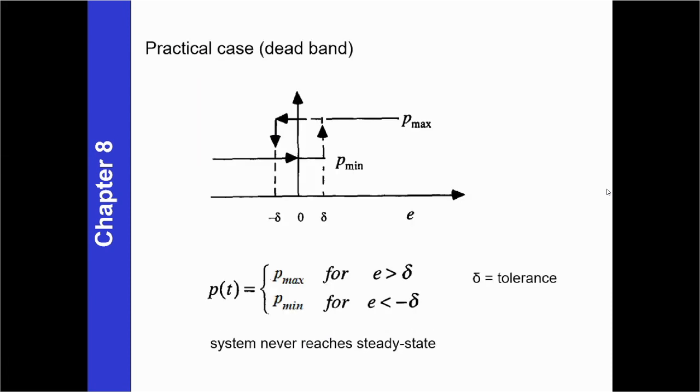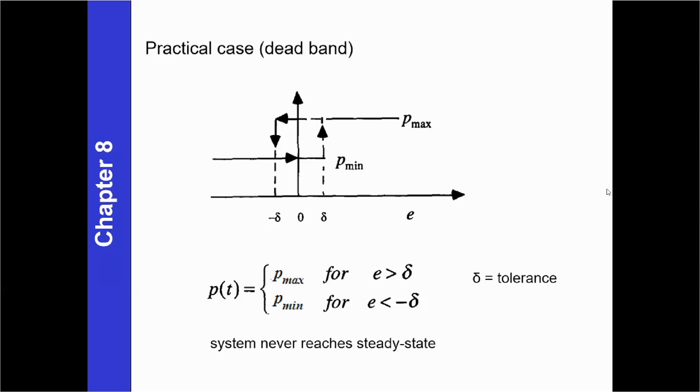In a practical case, we have a dead band. This is when the system never reaches steady state. For example, the ship or the car driving at a certain speed on auto cruise never arrives at that speed.